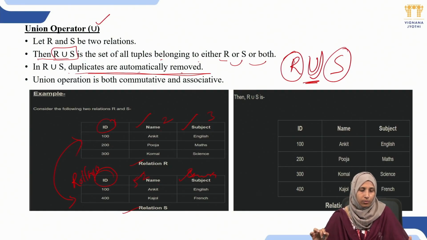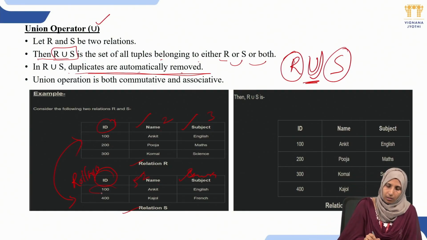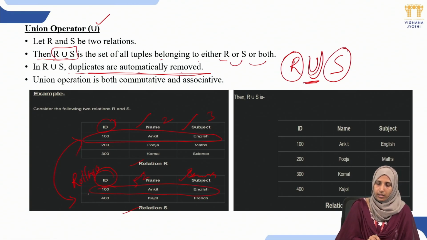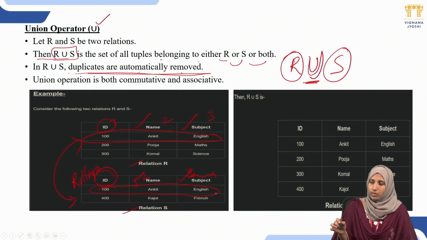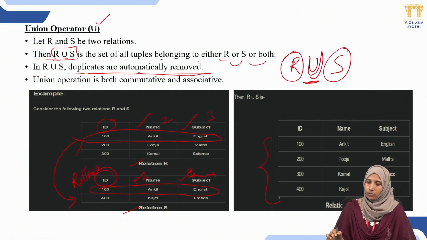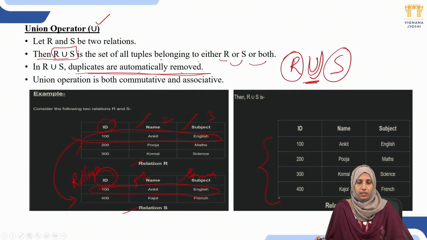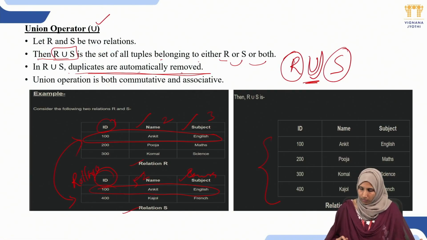Which one is the duplicate row? This 100. 100 is there in my first table, and 100 is there in my second table also. So automatically it is going to remove one row, and in the final result it is going to show all the distinct rows present in table 1 and table 2. This is how union works.